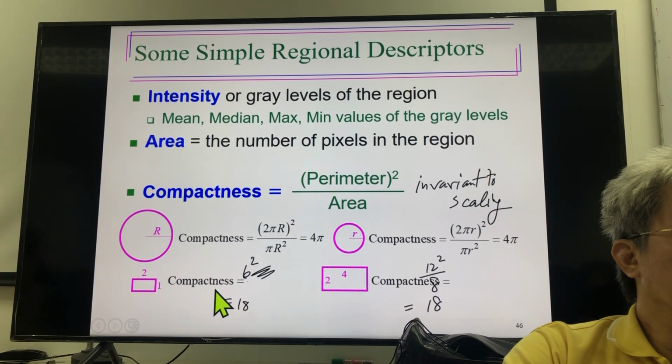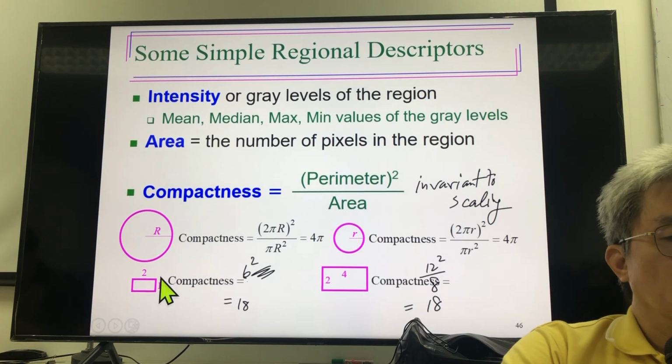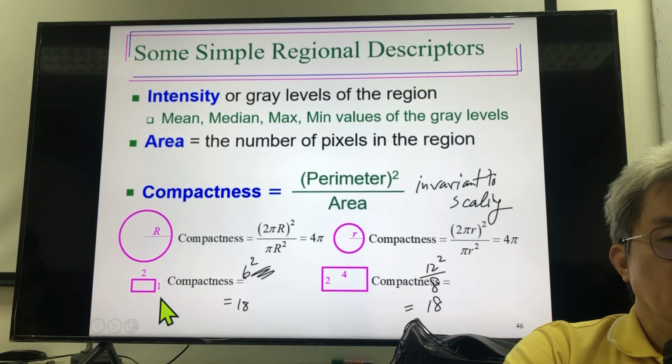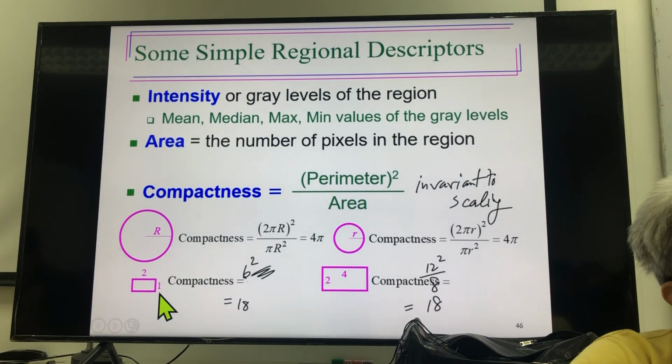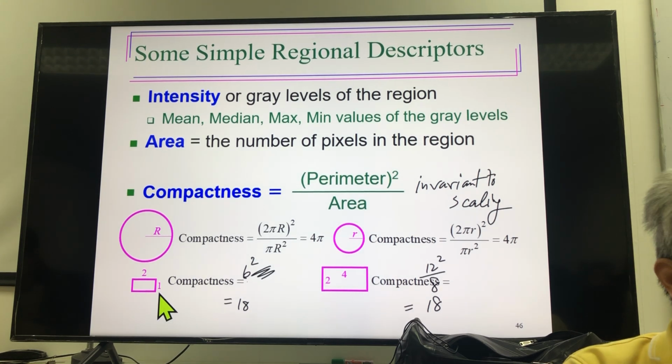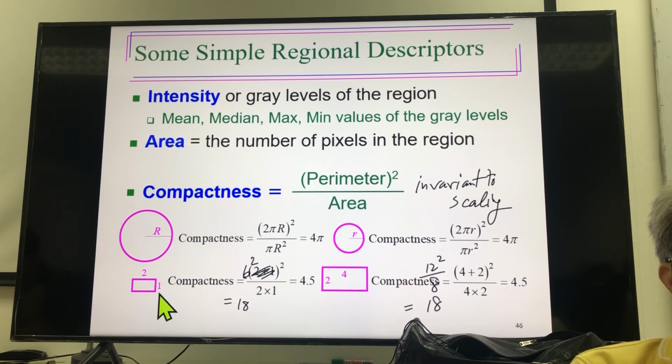How about the compactness of this rectangle of width 2 and height 1? The perimeter would be 6, right? 3 times 2 is 6, and then squared is 36, divided by area, which is 2 times 1. So 36 divided by 2 is 18.